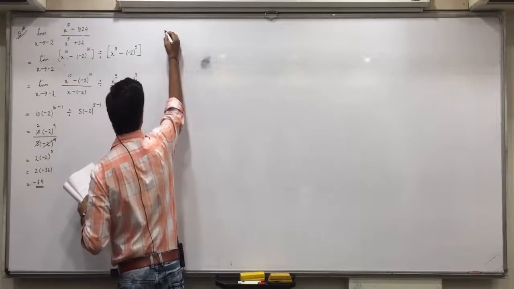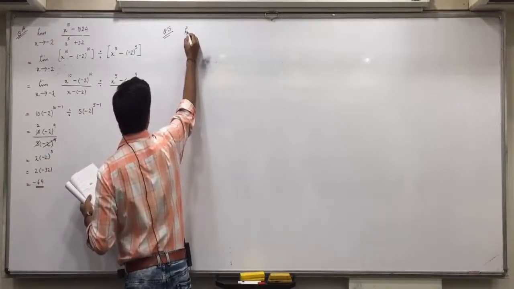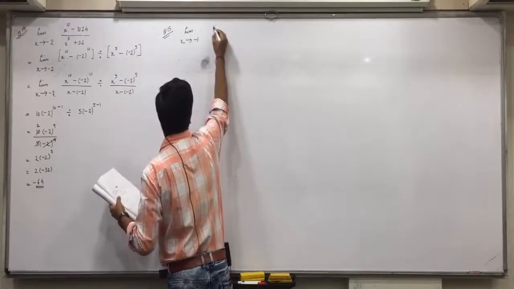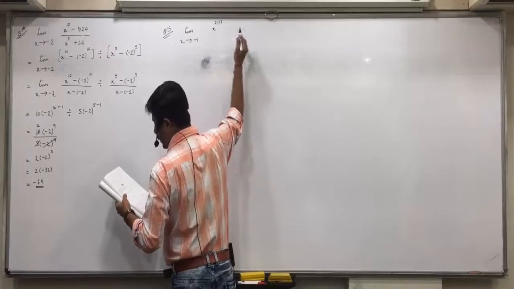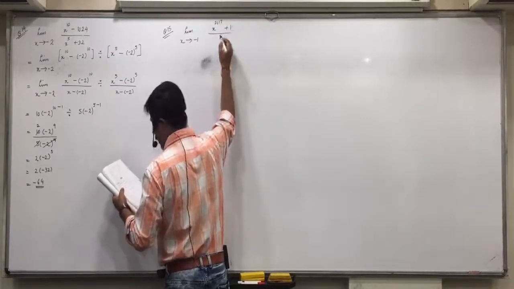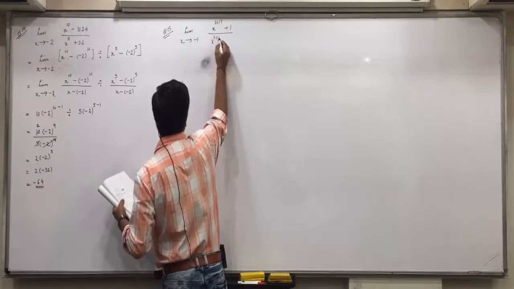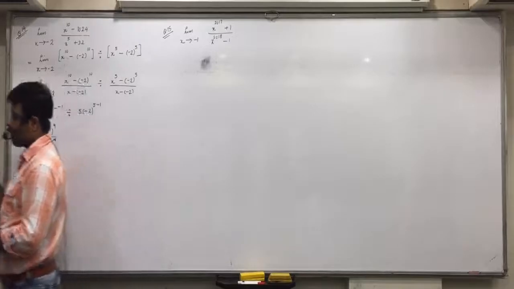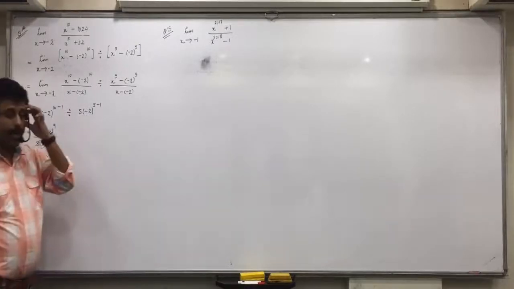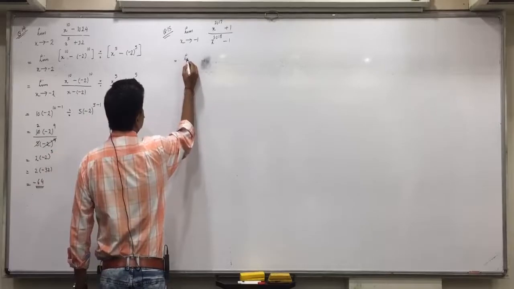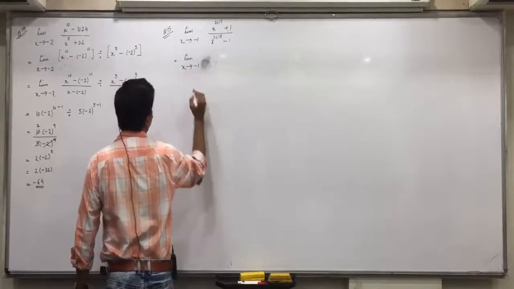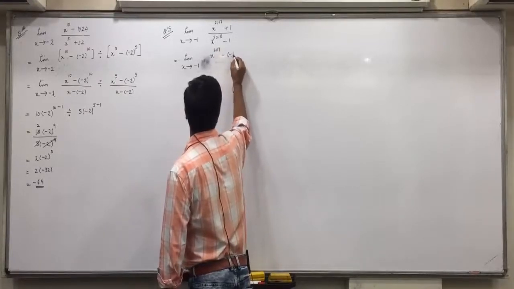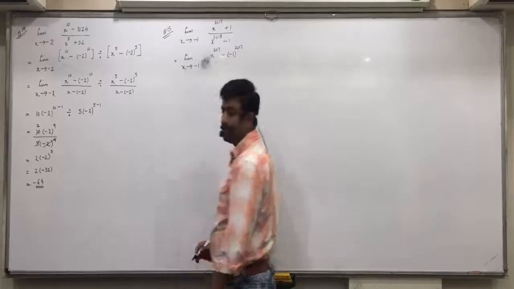Question 15. Limit x tends to minus 1, x raised to 2017 plus 1 upon x raised to 2018 minus 1. Now, limit x tends to minus 1, x raised to 2017 minus, in between always minus, 1 raised to 2017.